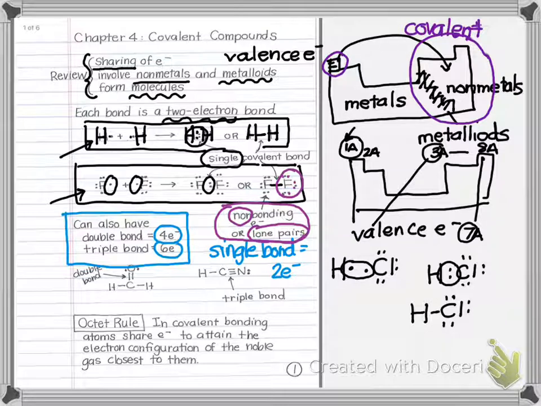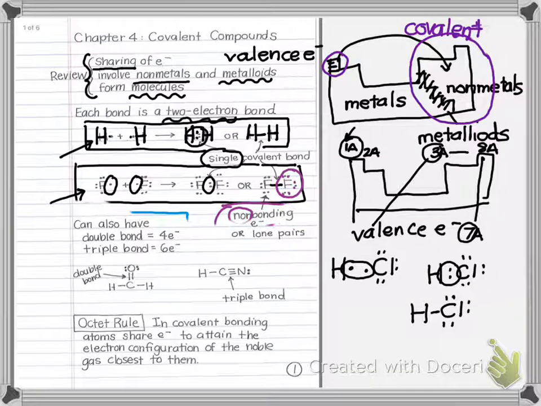Now, I have a few examples. Let me erase this color so I can kind of see the examples. I have a couple examples here of molecules, of the diagrams. Again, don't quite worry about how I got them, but let's look.